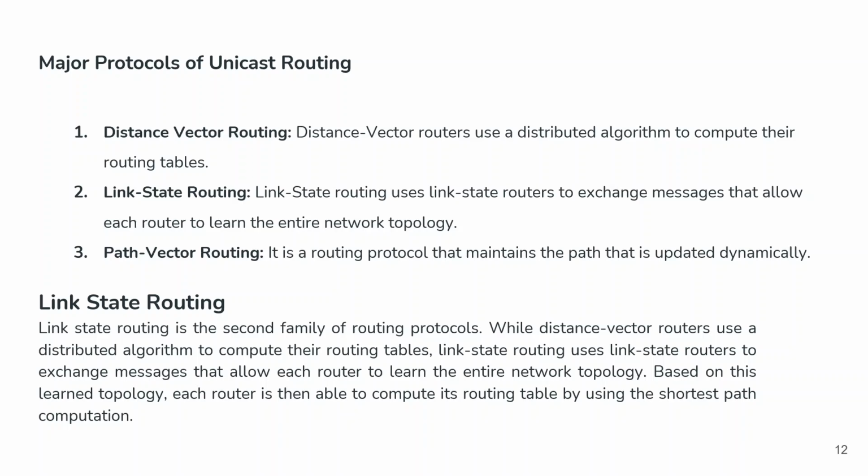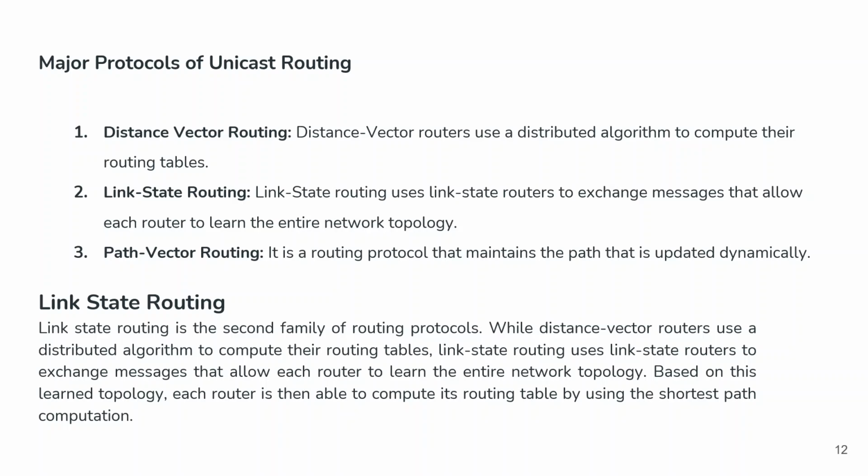Link state routing uses link state routers to exchange messages that allow each router to learn the entire network topology. Now apart from this, there is one more algorithm, that is path vector routing. It is a routing protocol that maintains the path that is updated dynamically. Now without wasting time, let us move on towards link state routing.